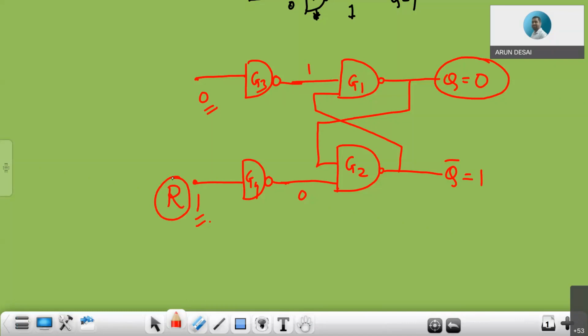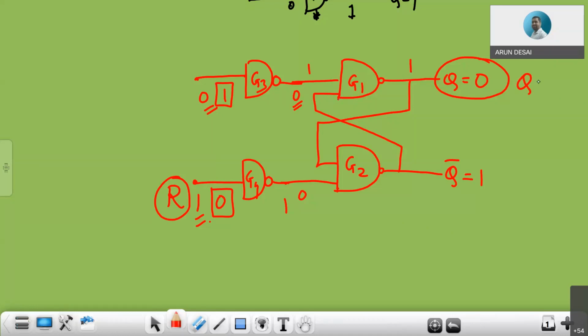And if we have 1 here and 0 as the next input, then it becomes 0 here and 1 here. If 0 is multiplied with anything, then it is 0 itself. So 0 ANDed with anything is 0. The inverted value of 0 is 1.